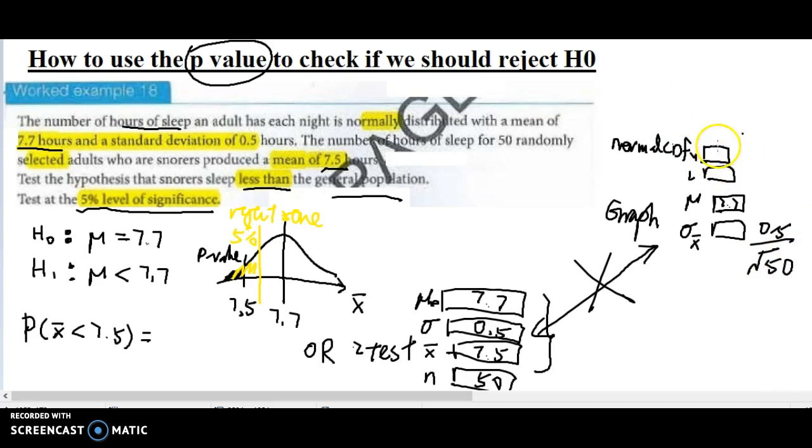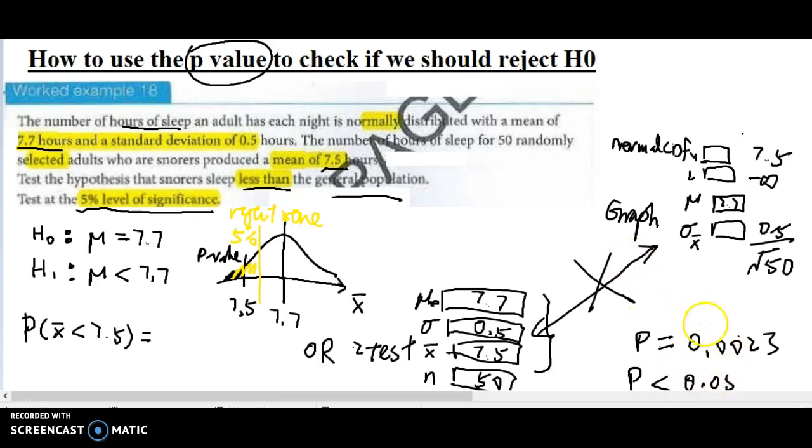Lower is negative infinity. Upper will be 7.5. Then you will get the same answer for the p-value. In this case, the p-value is equal to 0.0023. On the other hand, p is smaller than the 5%, 0.05.